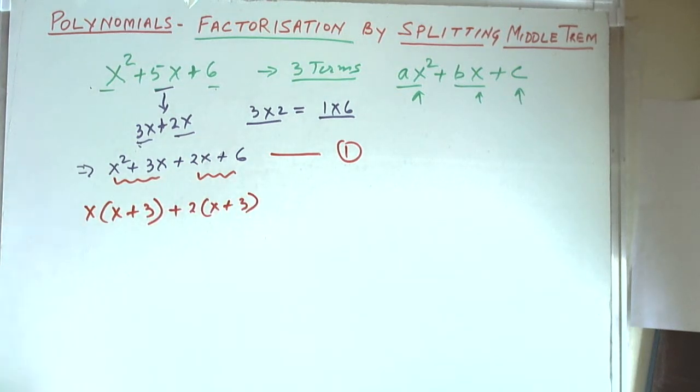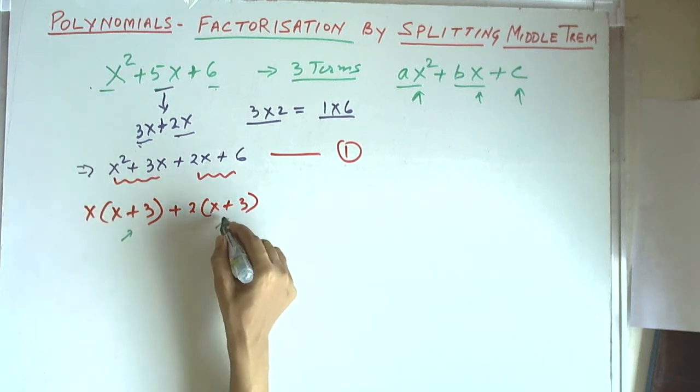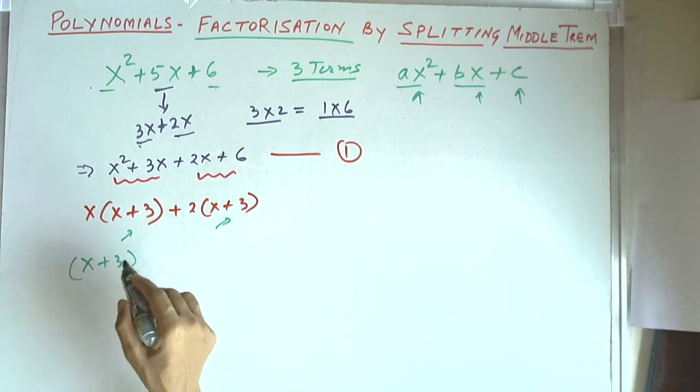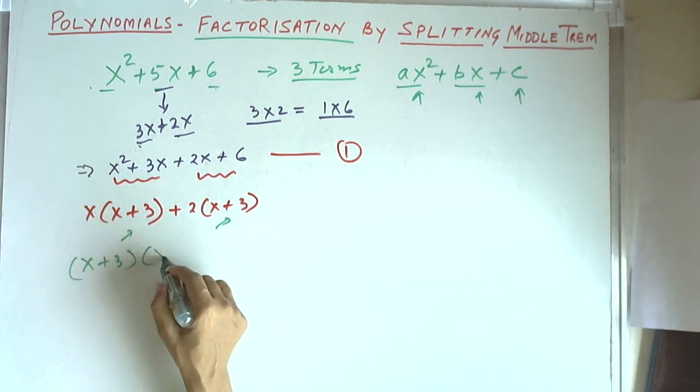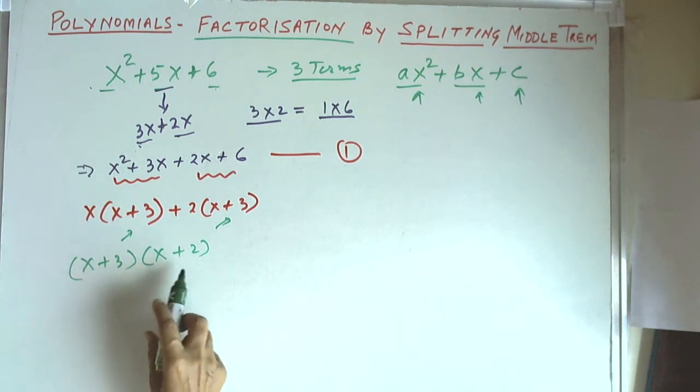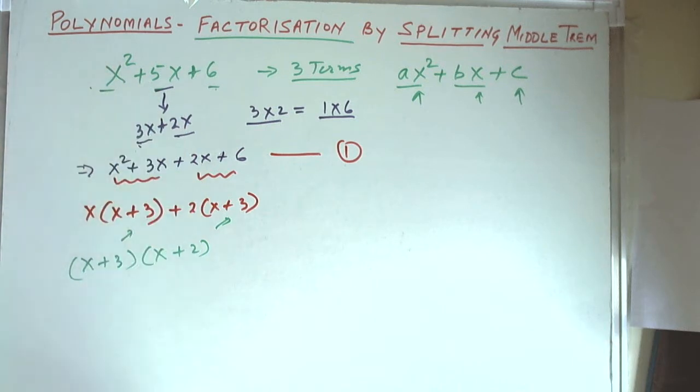Now between these two terms, again we find that x plus 3 is the common factor, and we take out x plus 3 as the common factor, and then we are left with x plus 2. So these are the two factors, and if we take the product of x plus 3 into x plus 2, we will find it results in our original polynomial, which is x square plus 5x plus 6.